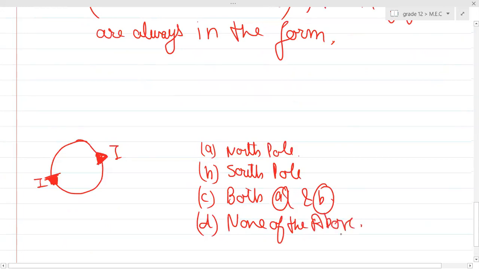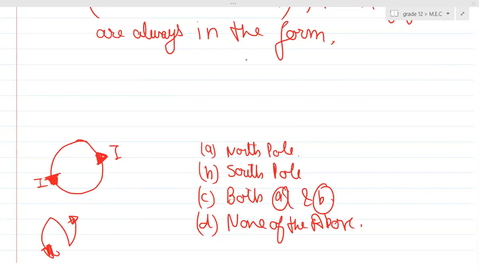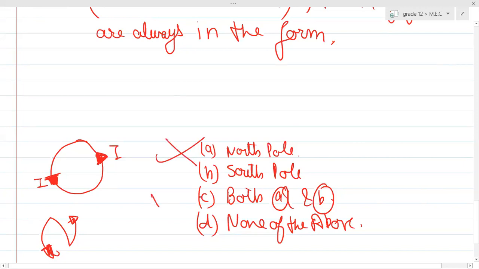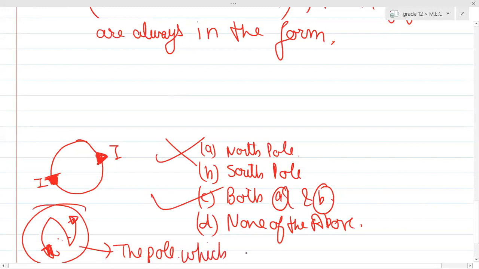Tell me. Do you remember the clock rule? Everyone remembers the clock rule, right? So basically the answer should be North Pole, which is the pole we are facing. 10th grade people made this mistake, although I told them.